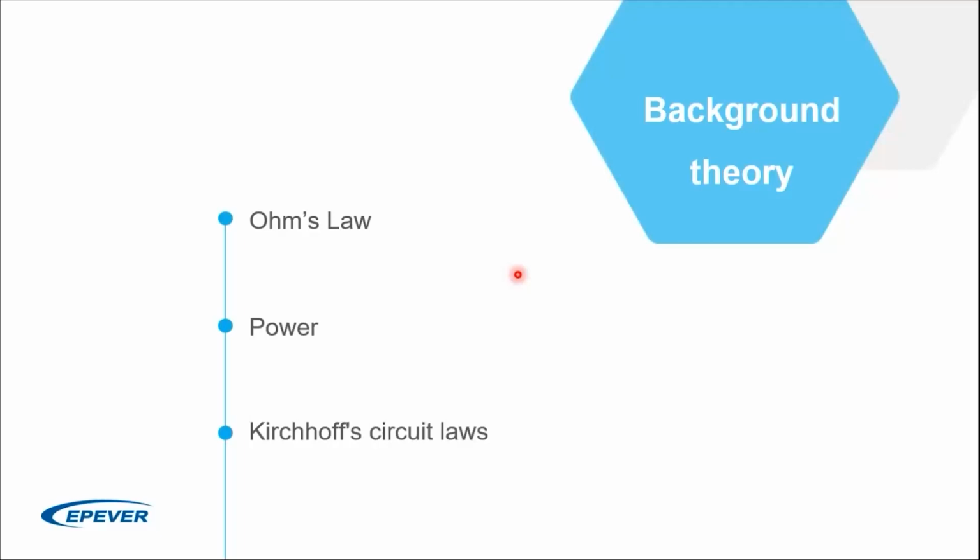For those of you who were present in our last webinar, we covered the basics of electrical calculations within an off-grid circuit. Concepts such as voltage, current, Ohm's law, power, and Kirchhoff's circuit laws, the first and second law, were covered in the past webinar.